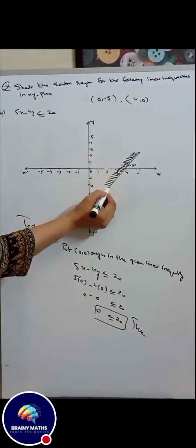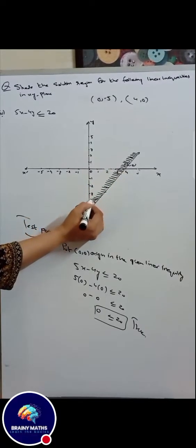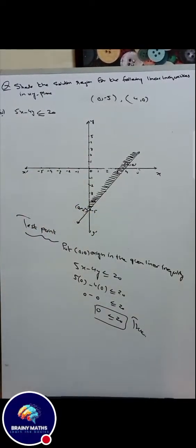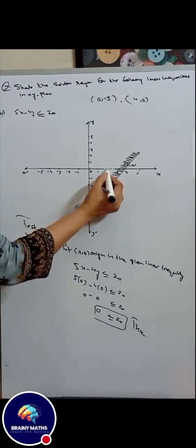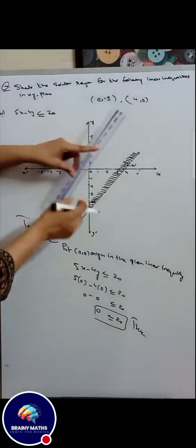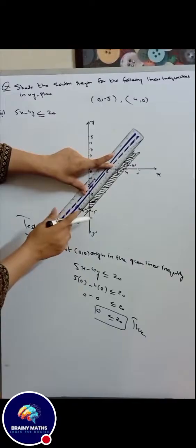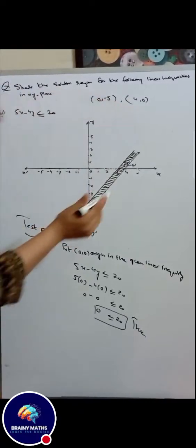You will do it with your pencil. Actually, I am representing this on the board, so that's why I have to do it like that. Alright? And now, in the end, we will join these 2 lines like that. This is the shaded area.